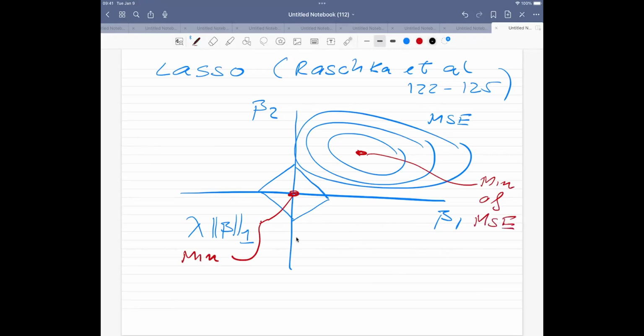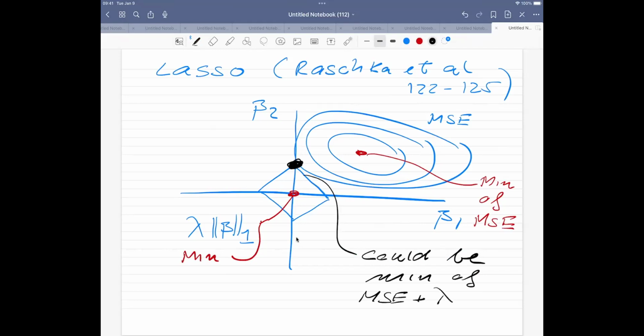Now, the point you see here could be the min of MSE plus this lambda times the norm of beta, the one-norm. The reason why you get this diamond shape is simply due to the fact that you have the absolute values.